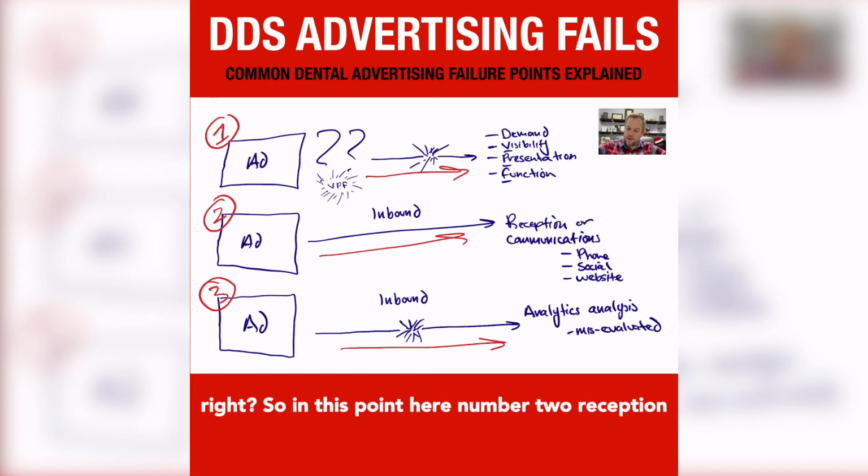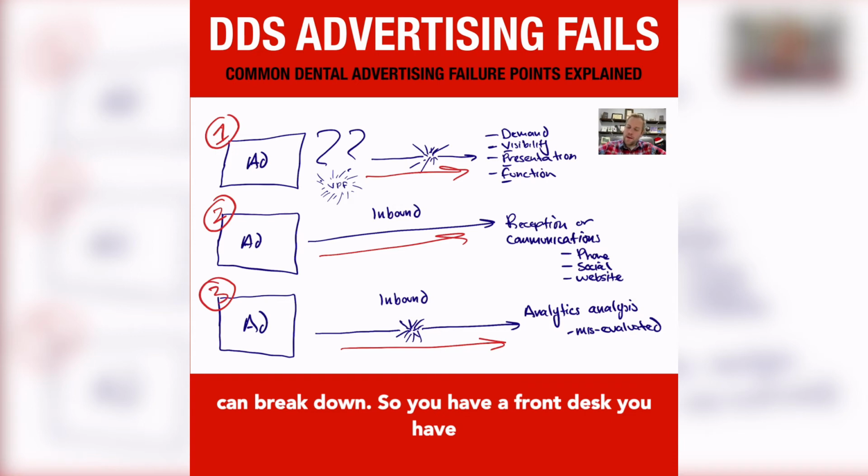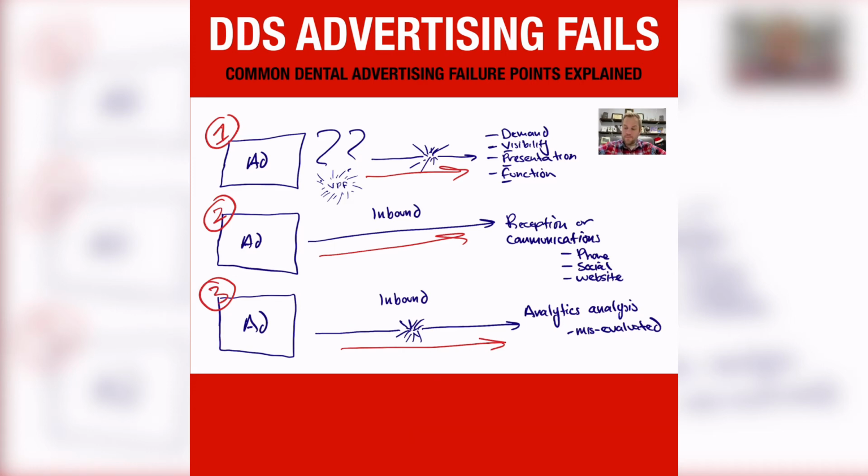So on this point, number 2, reception of communications. We have to think about all the points, and this goes back to number 1 a little bit in the function point, but we want to think about anywhere where that incoming can break down. So you have a front desk, you have a phone ringing and a person picking up the phone.